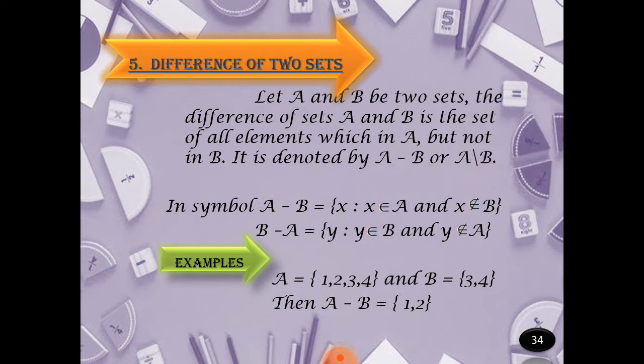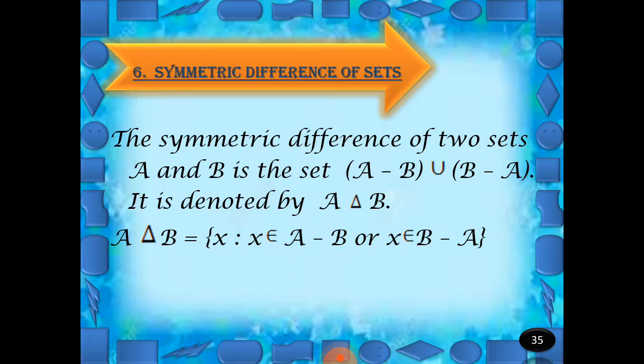Next let's see the difference of two sets. Difference of two sets is nothing but A difference B. That is, the elements of A will be included and the elements of B will be excluded from that. That is difference of two sets. Then symmetric difference of sets.